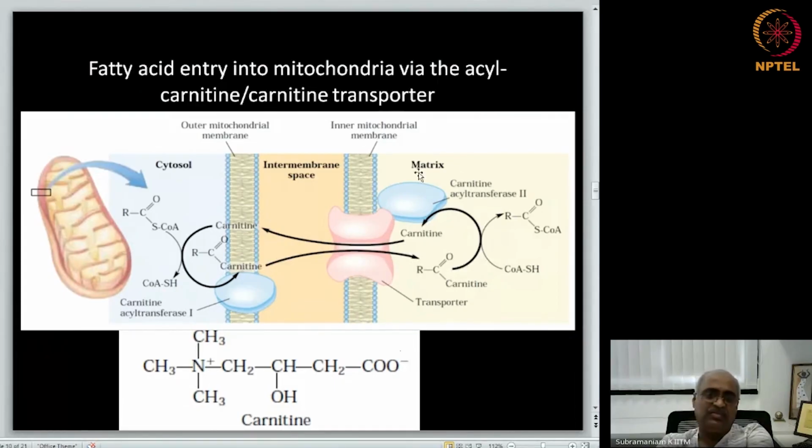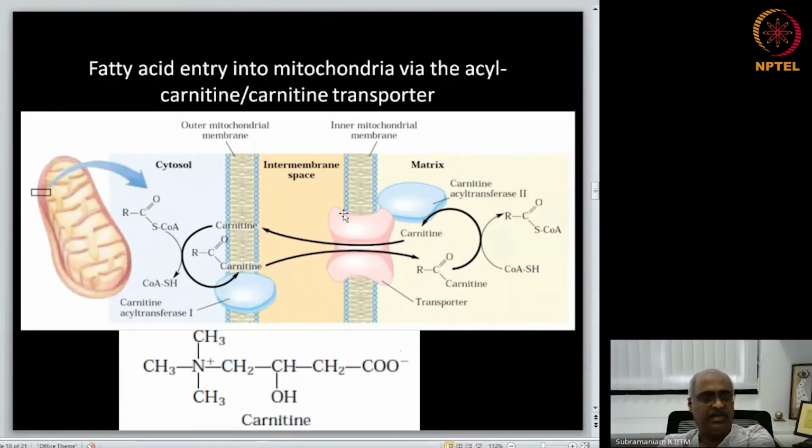Then on the matrix side of the inner membrane, you have carnitine acyl transferase 2, which esterifies again with CoA, forming the acyl-CoA once more. And the free carnitine is transported out by the same transporter. That is why it is called the acyl carnitine transporter: it transports both these molecules. That is how the carnitine cycle operates.